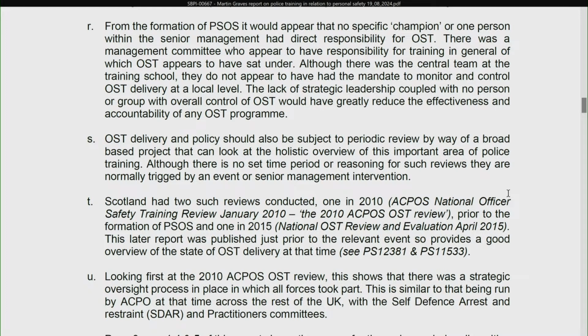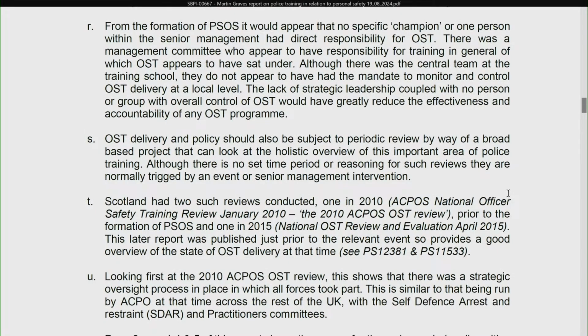And you've taken account of the role of Inspector Young, but that's not what you're looking at, no. There was a management committee who appear to have responsibility for training in general, of which OST appears to have sat under. Although there was the central team at the training school, that's Tulliallan, they do not appear to have had the mandate to monitor and control OST delivery at a local level.